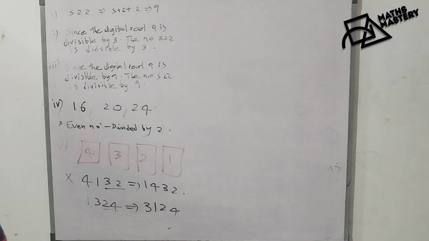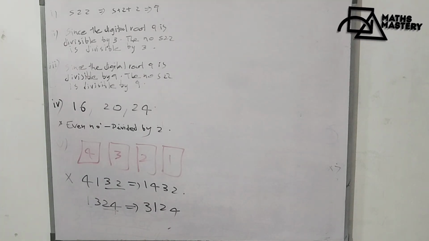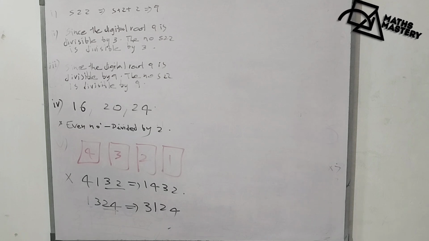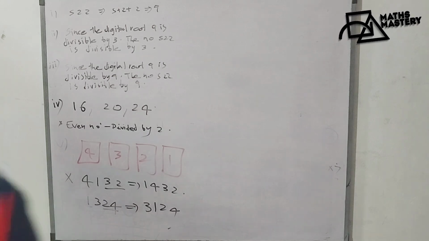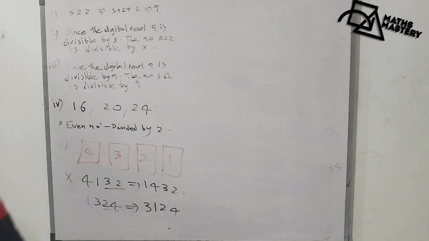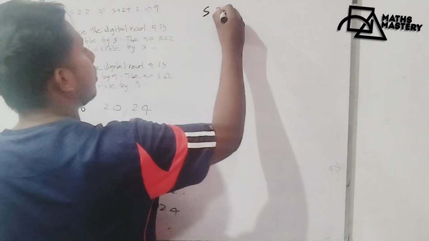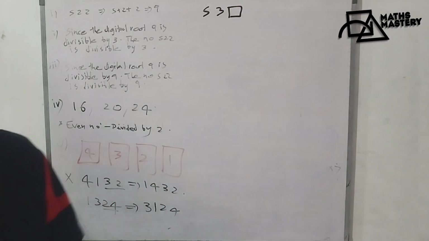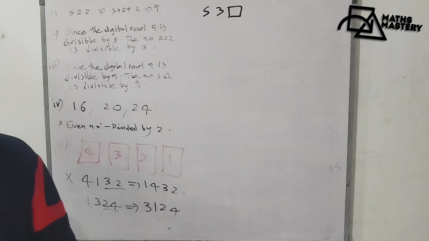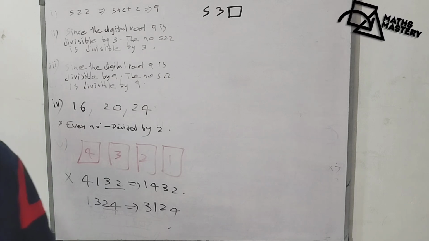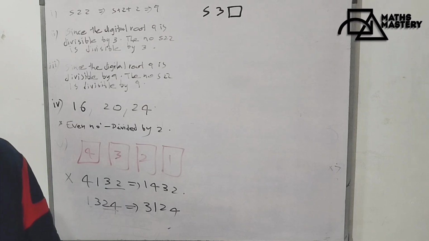Okay, question number 6. If the number 5 3 blank, which has 3 digits, is divisible by 9, what is the digit in the units place?